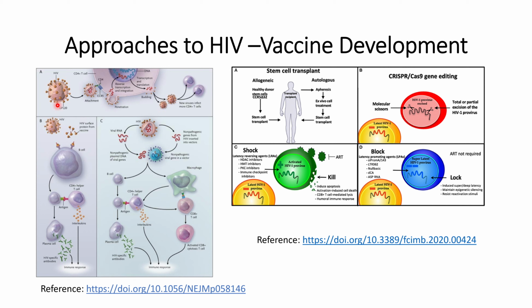This is the HIV virus and this is the GP120 on the spike protein, and this GP120 will attach to the cells that have the CD4 plus receptor and also the CCR5 co-receptor. Cells that have these two receptors are prone to HIV infection, and infiltration of the HIV virus occurs, and then reverse transcription and integration occur.